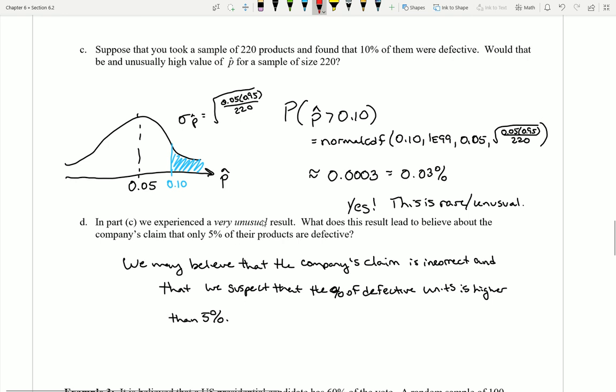All I'm saying is because I experienced something really weird, I would definitely have reason to believe or to suspect that this may not be an appropriate value. Maybe the company's claimed value is accidentally off. Maybe it's intentionally off. Maybe they're trying to sell themselves as looking better. But I can use probabilities to help me measure this rarity so I can get a sense of how weird what I saw actually is.